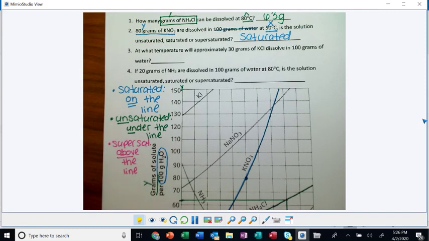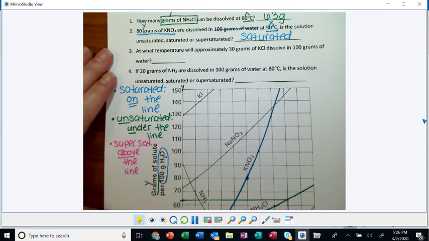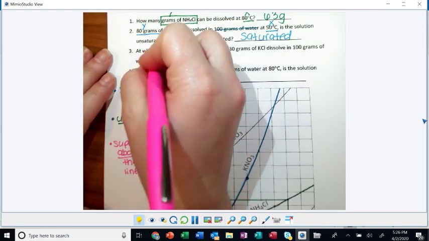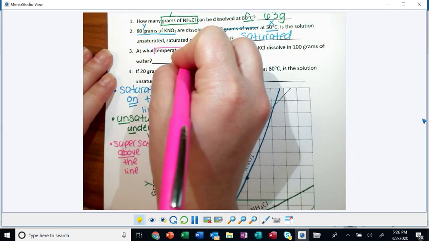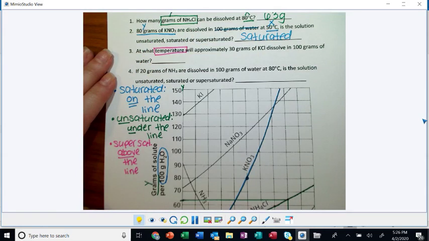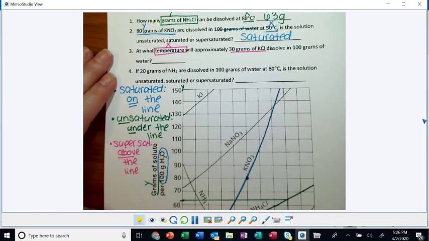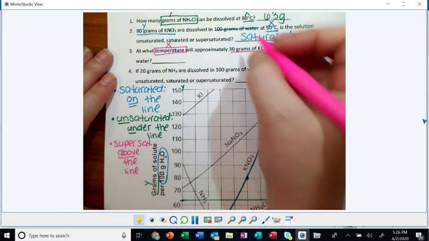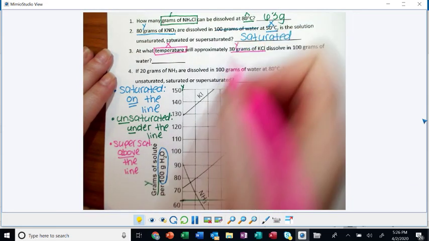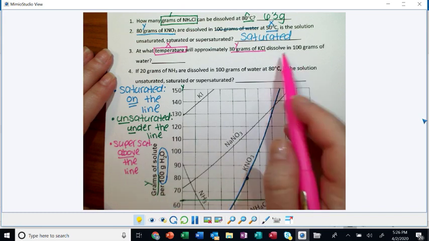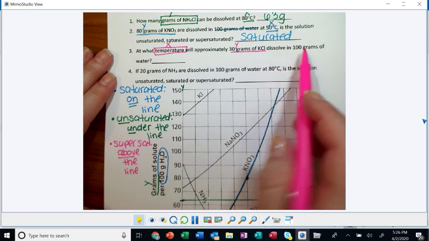All right, let's move on to our next question. Our next question says, at what temperature, so temperature, we want to label it as X or Y. Again, temperature will always be our X. Will approximately 30 grams of potassium chloride, or KCl, grams is always our Y, dissolve in 100 grams of water.